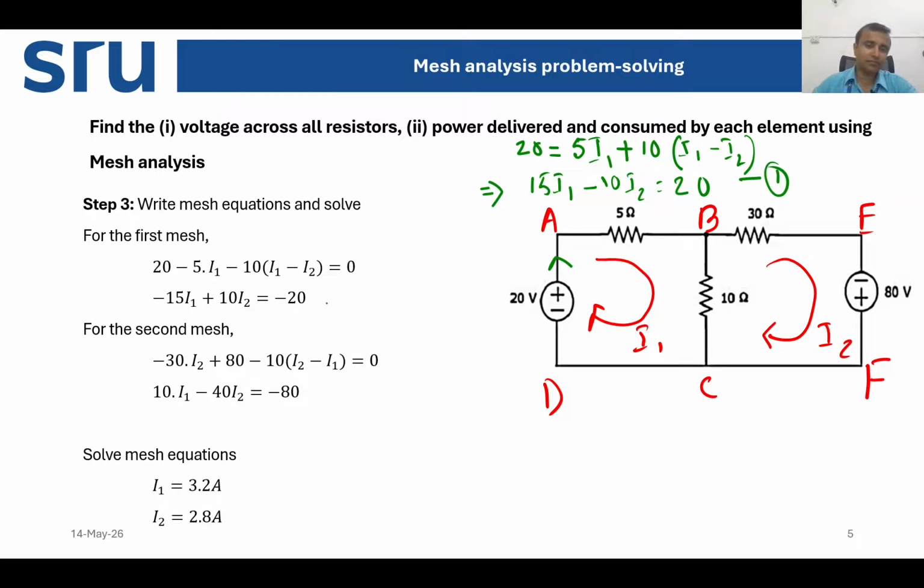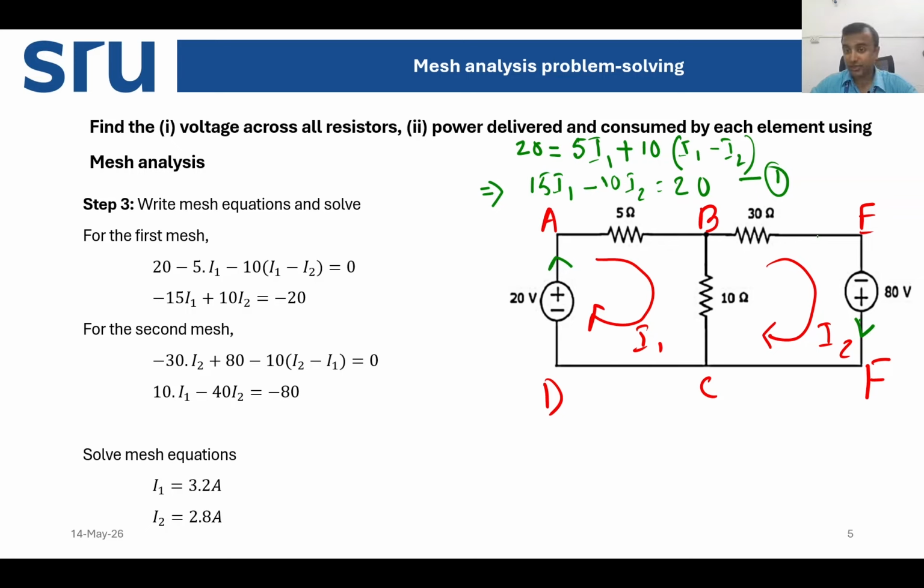Here also they have got the same equation. Ultimately you are going to get the same equation, but maybe in a different fashion. Now from the loop B, E, F, C, we can have the same thing. Now the current is coming out of this loop again, so this is reversed.